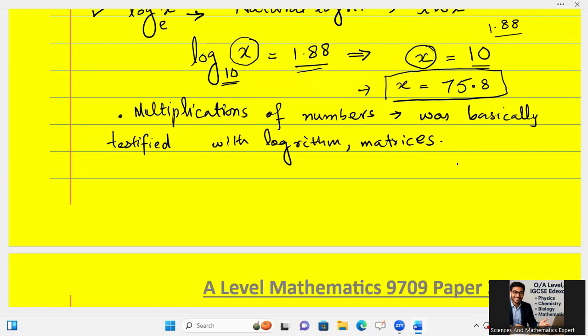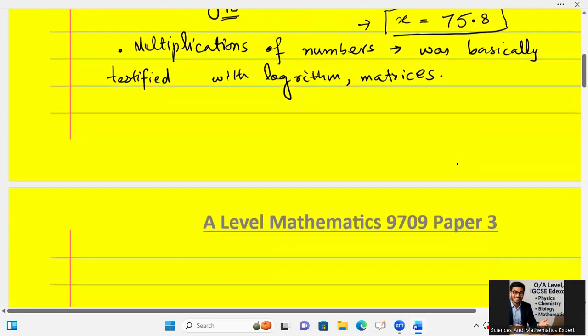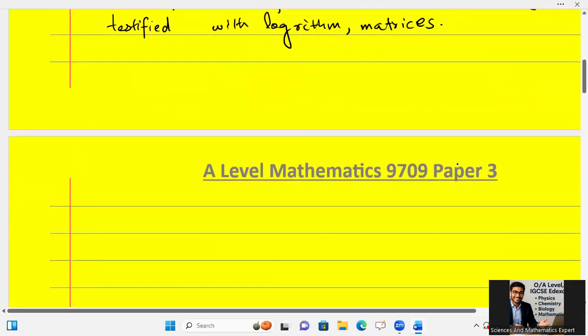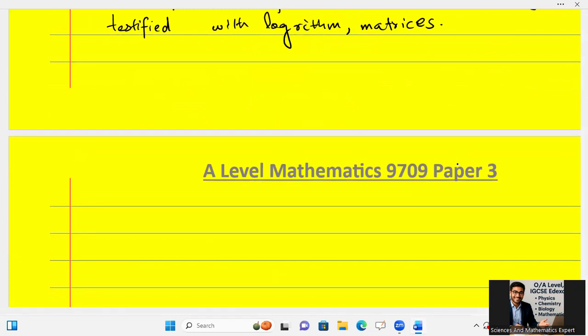For example, he is saying here to apply the logarithm to find the unknown variable. Let's suppose you are provided with an expression: log of x plus 5 to the base 3 is equal to 2.